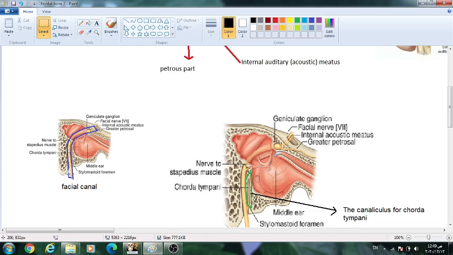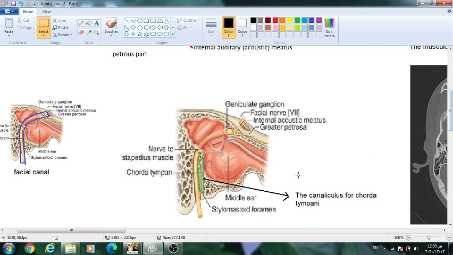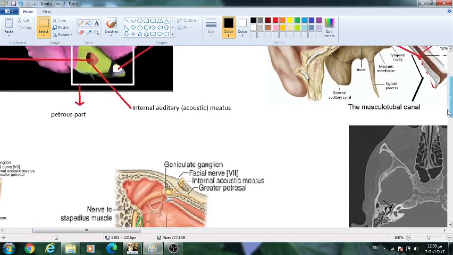This is the canal, and of course we have then canaliculi, which are like smaller canals. One is the canaliculus for chorda tympani. It's like a part of the facial nerve, like a smaller part of it.